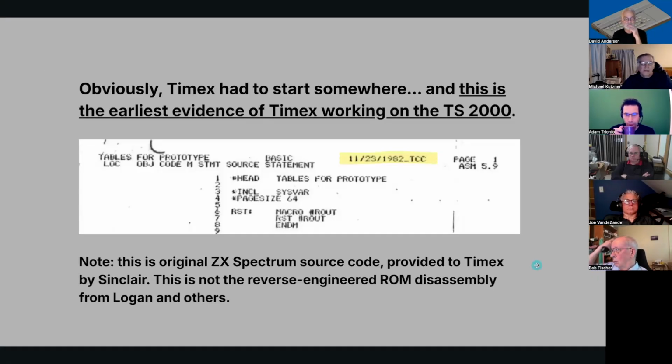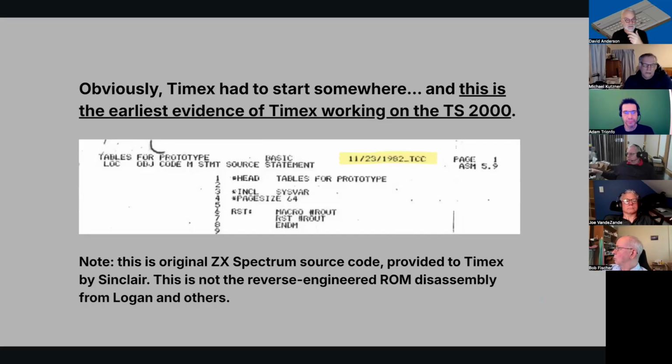So, we have those folks who joined in 82, and we also have this, a thing that Lon saved. This is amazing. Sinclair obviously had to provide the ROM source code to Timex so Timex could do their work, right?